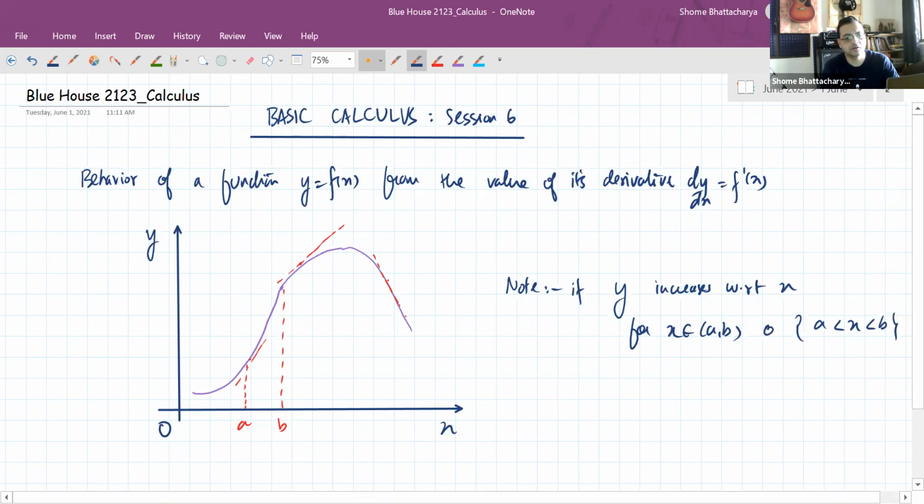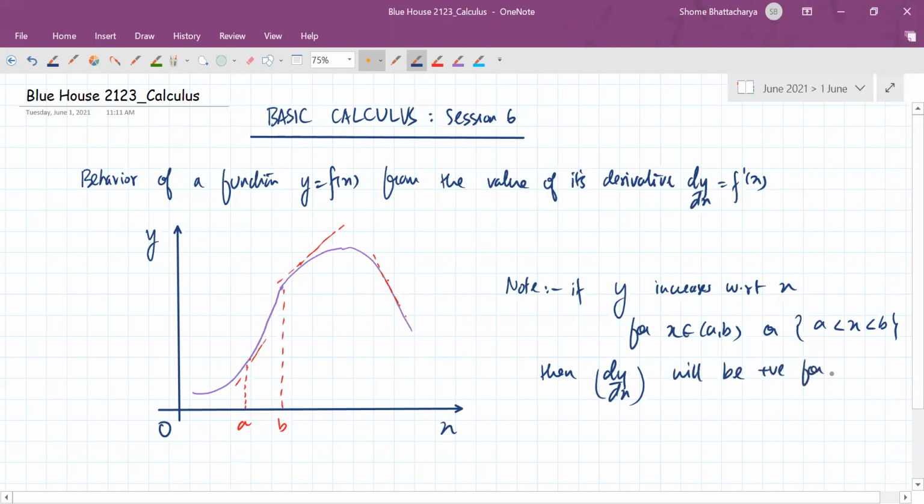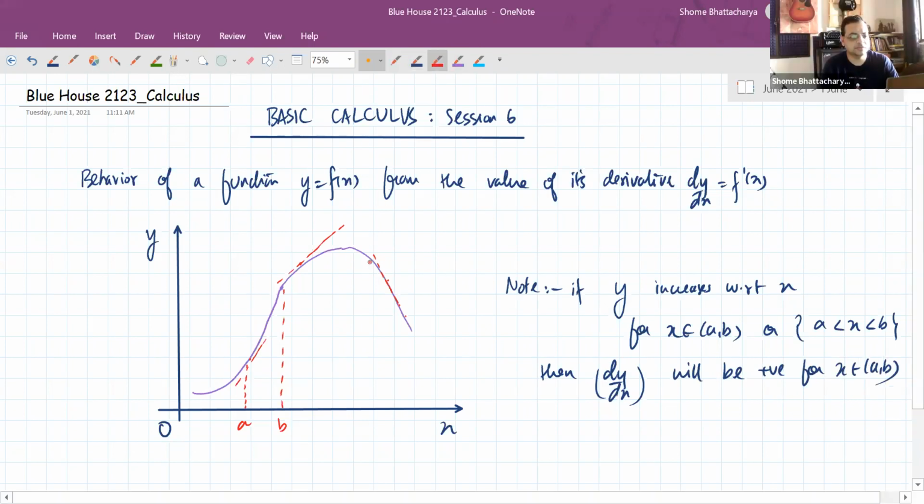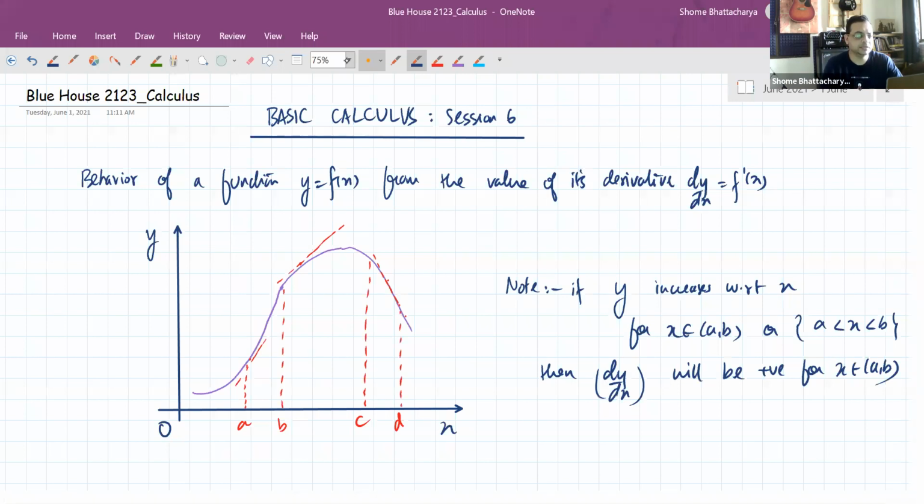Then dy by dx, or the derivative, will be positive for that same interval. Whereas again, you can see in the second part, if we select some subinterval like c to d, and we know that y is decreasing with respect to x for all values of x in this interval c to d, then accordingly dy by dx will be negative in that interval.